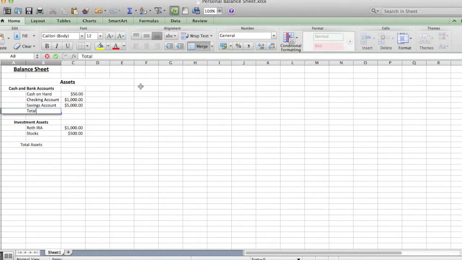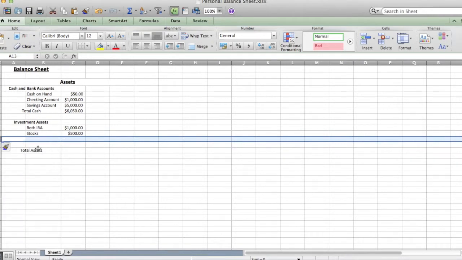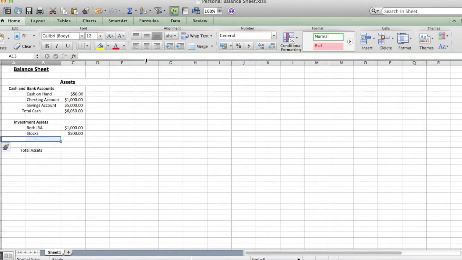Total cash. Do a quick sum formula for that number. For those that don't know, it's equals sum, and then just click through the range that I'm looking for. And then another one down here for my investment money.